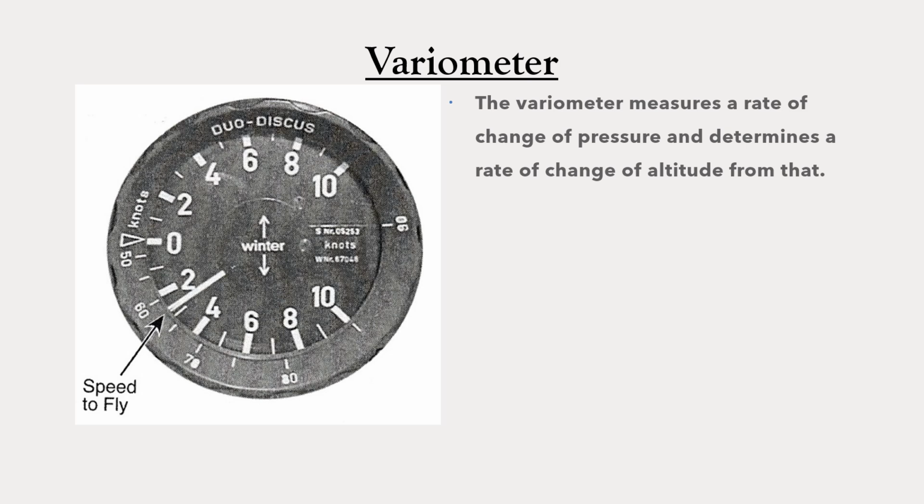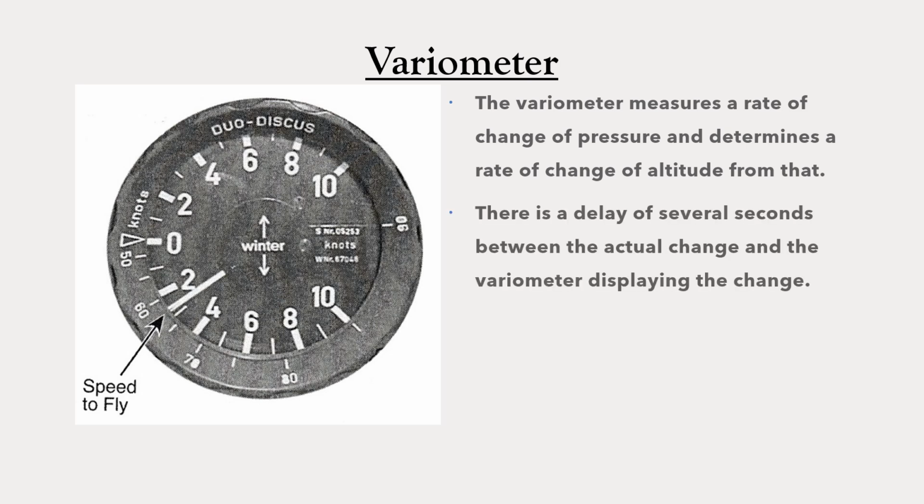It's a little more precise in sailplanes. But it isn't a perfect measure. There's a little bit of a delay. What it is telling you at a given moment is usually what your climb or sink speed was a few seconds earlier.